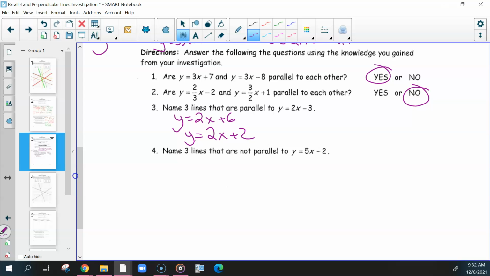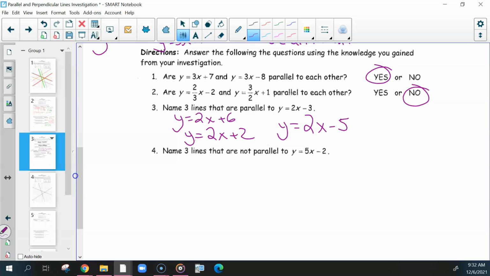Someone give me one more. Y equals 2x minus 5. Sure.